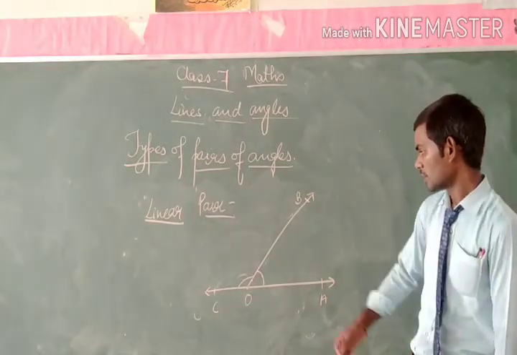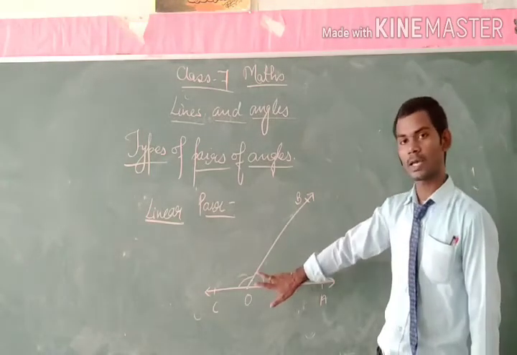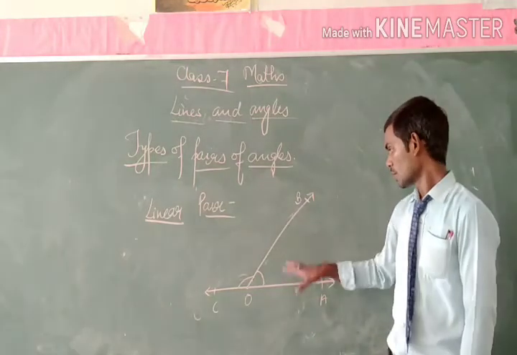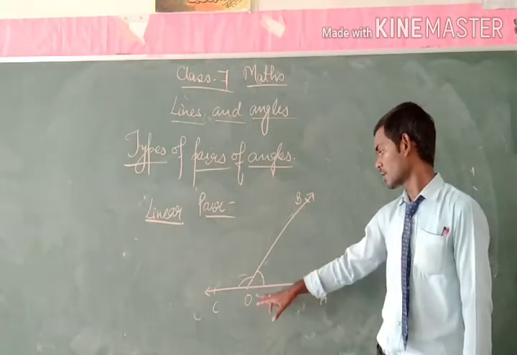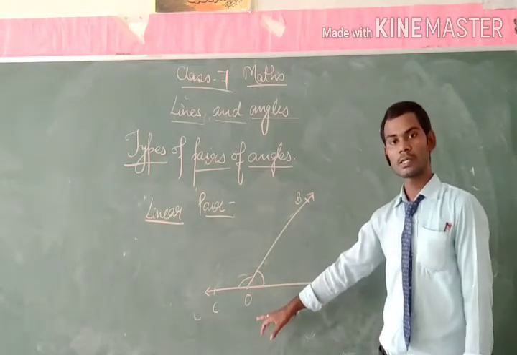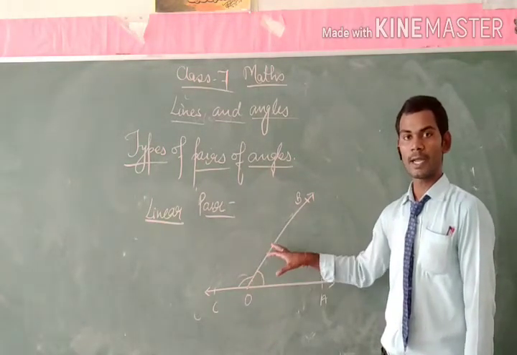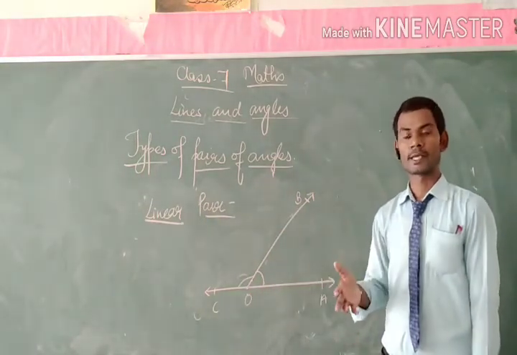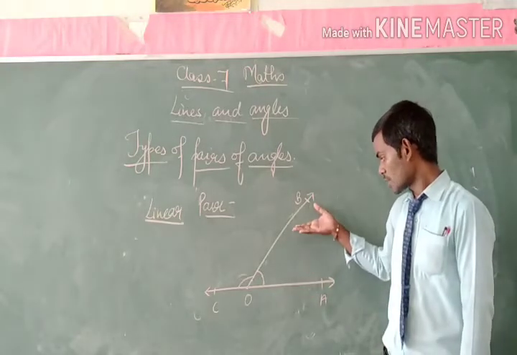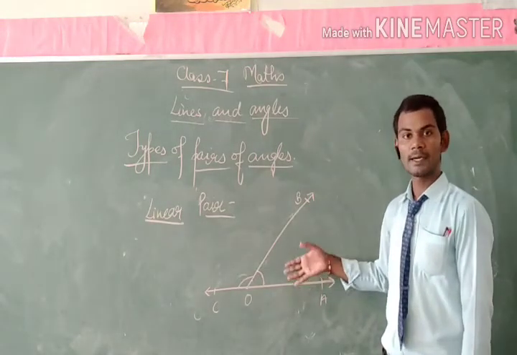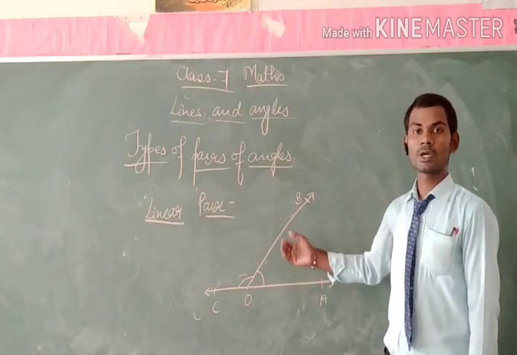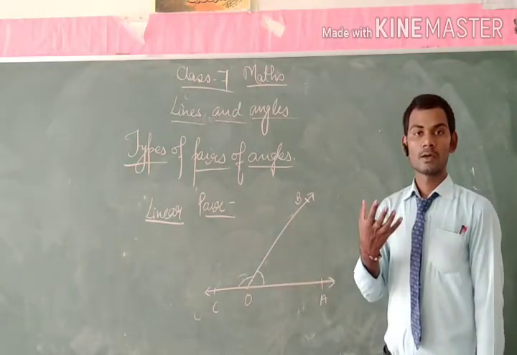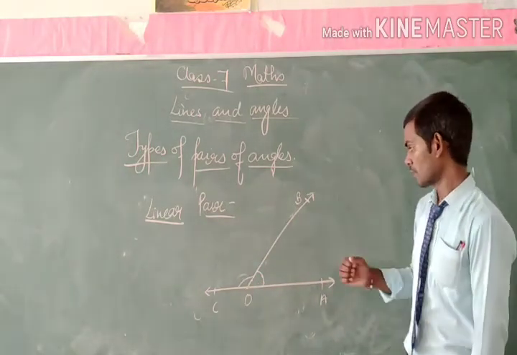Here we can see that two angles are formed and both are adjacent angles, because in the figure OB is the common side and the point O is the common vertex, and the other sides lie opposite to the common line, so they form adjacent angles.